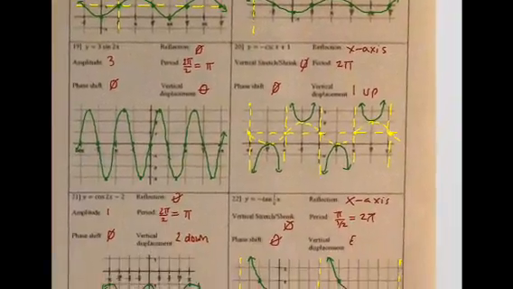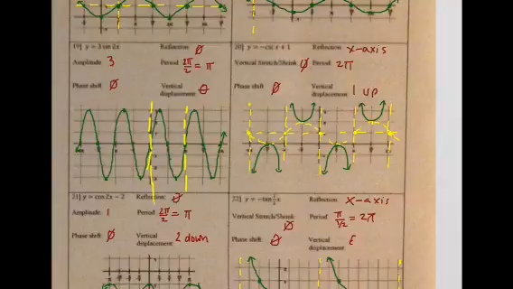Okay, number 19, the amplitude is 3, no reflection, no phase shift. Period is 2 pi over 2 because that's a 2 right there. So that gives you pi, no vertical displacement. So a period is from the y-axis to the next yellow line. That's 1 period.